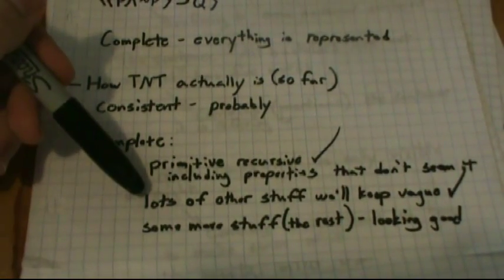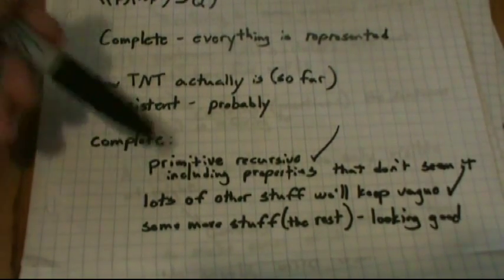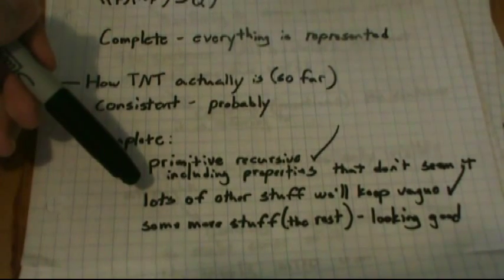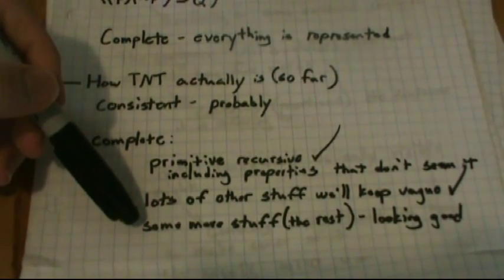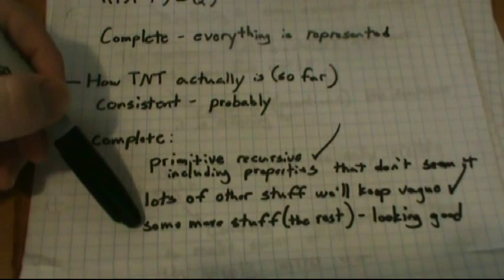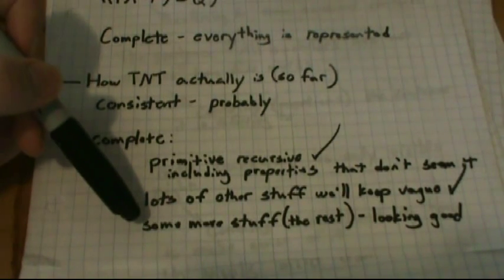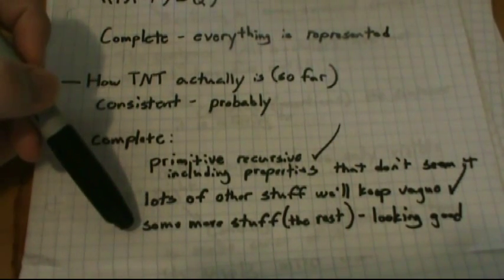There's also a lot of other stuff that isn't primitive recursive, but we also know for sure that it is represented, but we don't really need to talk about any of those things. And then there's a lot of other things that, again, we're not going to really talk about. We don't have any way to say for sure that they're represented, but it seems like they probably are.